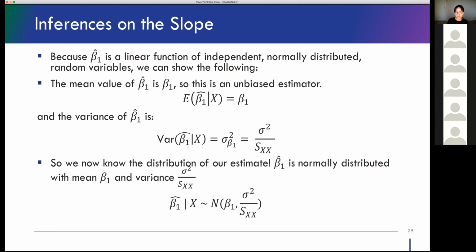And the full distribution of this beta 1 hat is like this: it's normally distributed with mean being the true parameter beta 1, and the variance being sigma squared, the true variance for your error, divided by your SXX.